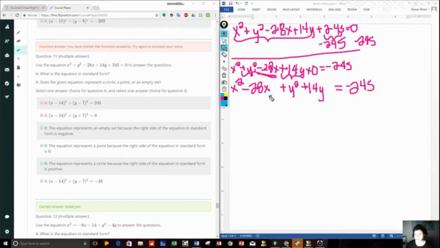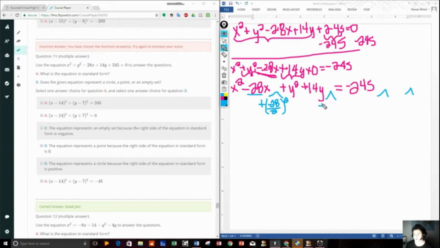So again, we're going to add right here, and we're going to add the same things on the other side. So we're going to add our b for our x's, negative 28 divided by 2, and that's going to be squared.